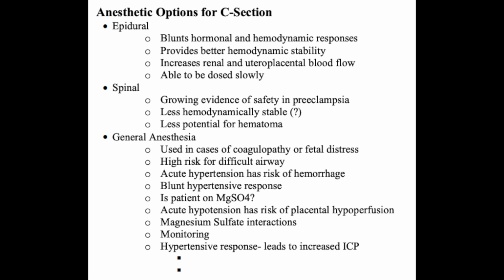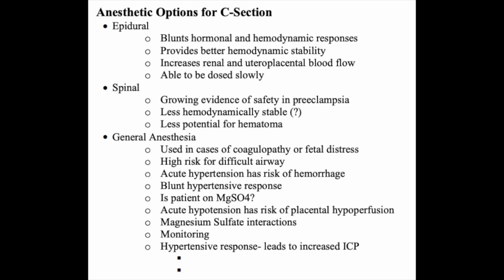Now, traditionally, the view has been that spinal anesthesia is relatively contraindicated in patients who have severe preeclampsia due to the possibility of severe hypotension due to the rapid onset of spinal anesthesia. However, based on the results of more recent studies and clinical experience, there's growing support for its use in preeclamptic women. Naturally, it is less hemodynamically stable than an epidural. However, you do have less potential for hematoma because the spinal needle is so much smaller than the epidural.